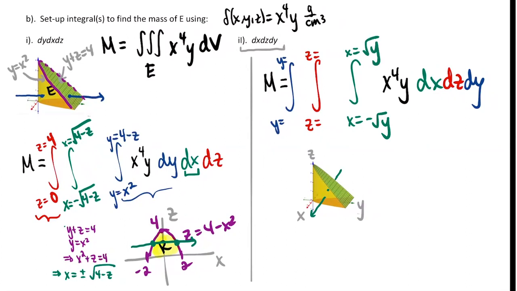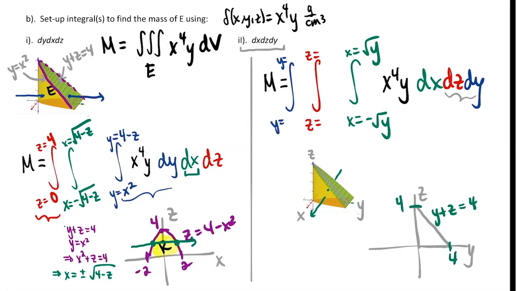And then we need to think of the shadow that we're going to get now on the zy plane to figure out my outer two bounds. And you can notice what's causing the shadow is actually just this plane here, and where that plane intersects the y-axis and the z-axis. So that's coming from, this has to be 4 and 4 because this is the plane y plus z is equal to 4.